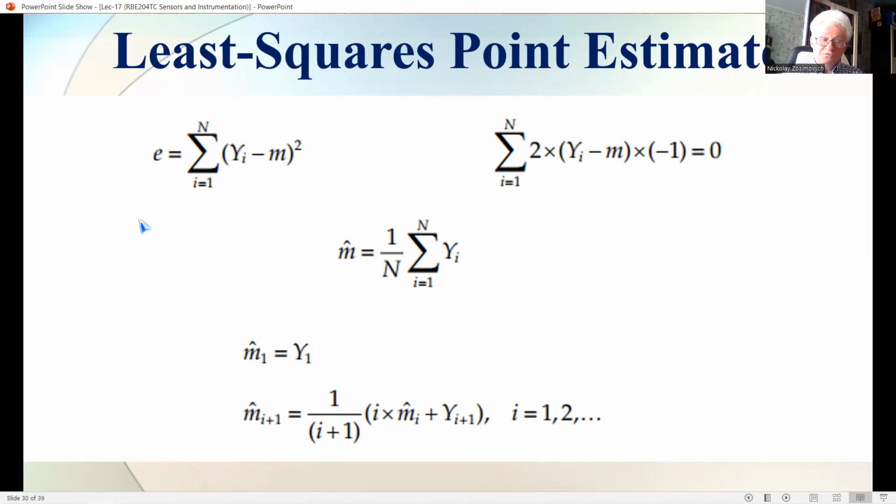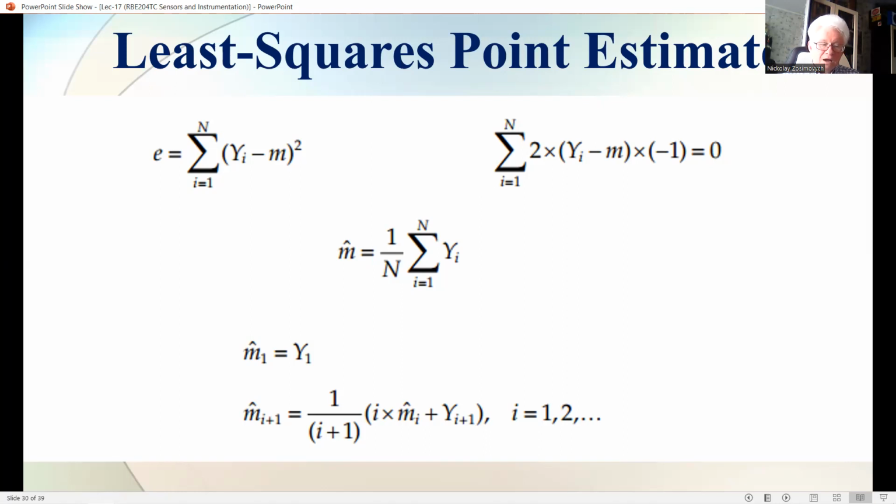To find the value of m, in other words, the estimate m hat of the unknown constant m that would minimize the square error or produce the least square error, we differentiate E with respect to m and equate the result to 0, as we can see here on the right side of this slide.